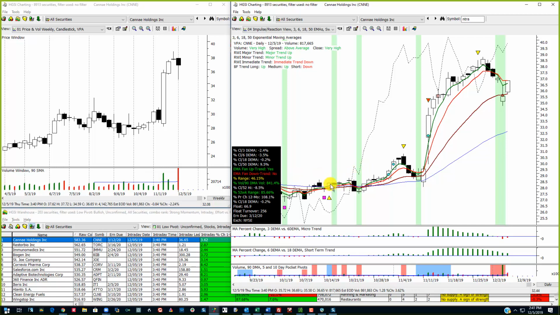So I know I have strength, and if I get one of these pullbacks on a pivot, the odds are that if buyers are coming into it, the stock is going to continue going up. It doesn't always work out. You can never say with absolute certainty, but if you control your risk, there's a good chance that the stock will continue its trend.